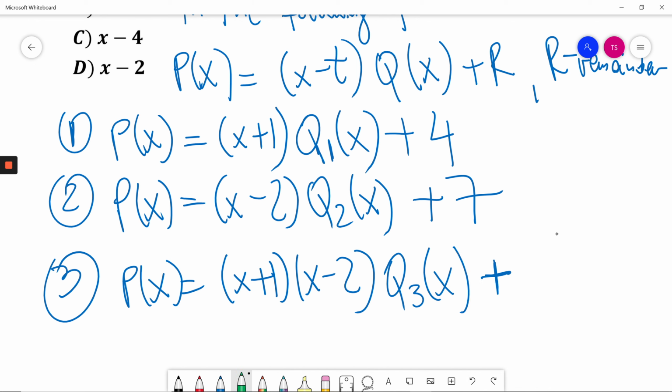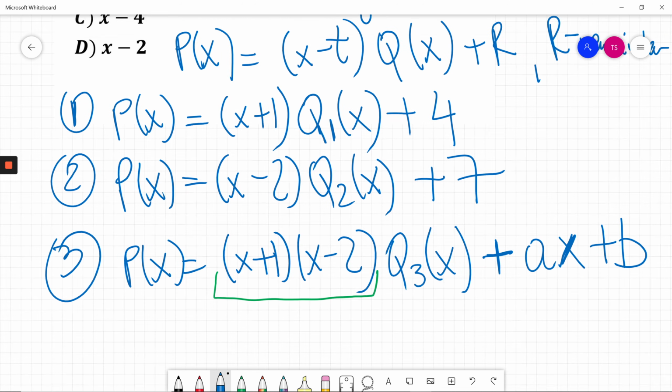And because x plus 1 times x minus 2 is a polynomial with degree 2, my remainder will have degree of 1. So this will look like ax plus b. So those things I know.